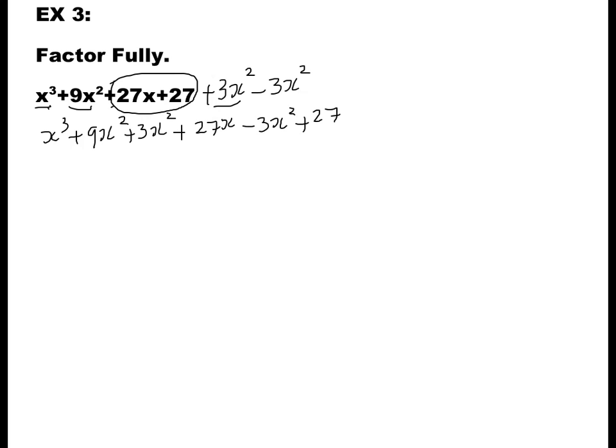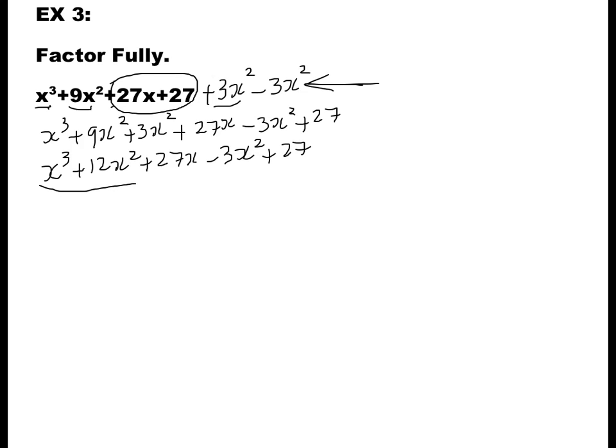So this is exactly like the expression we had before. Now 3x squared plus 9x squared is going to give me 12x squared. So I'm going to have x cubed plus 12x squared plus 27x minus 3x squared plus 27.